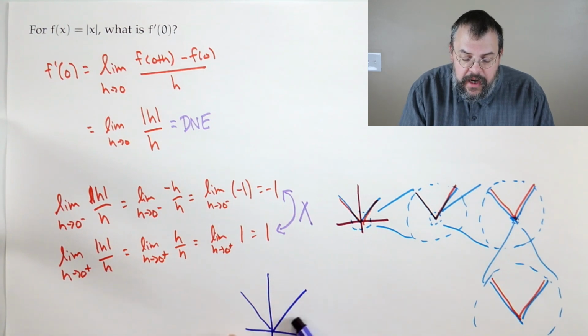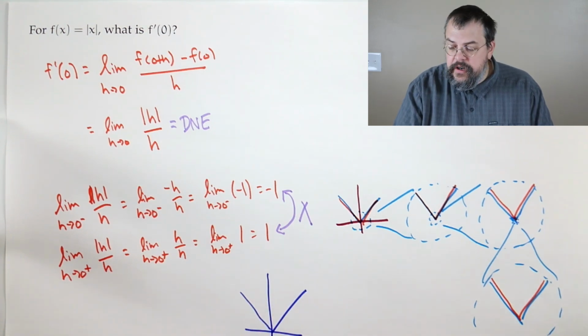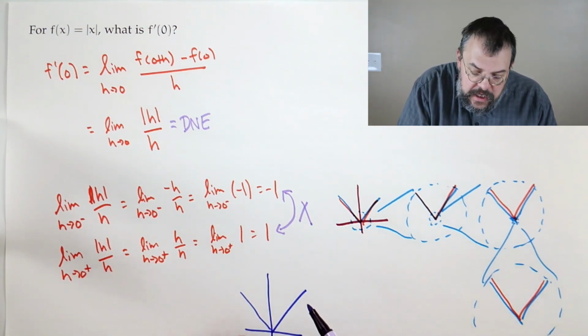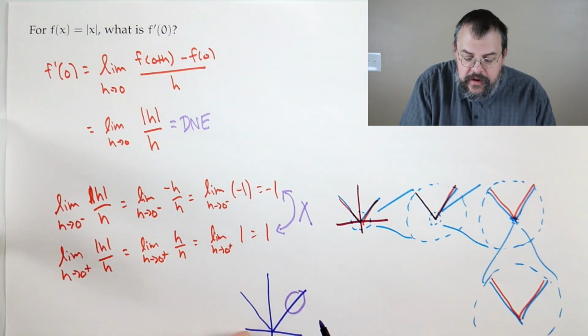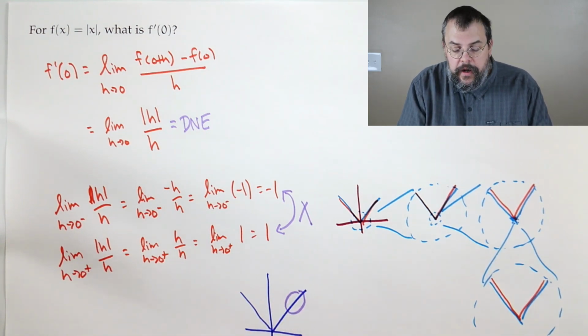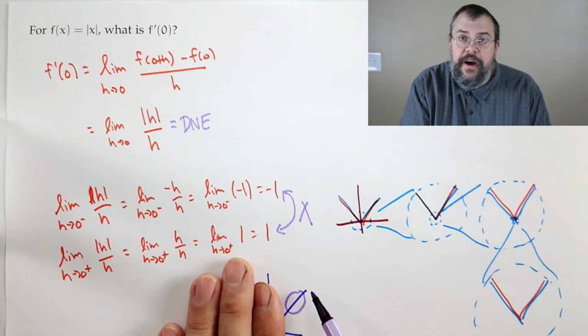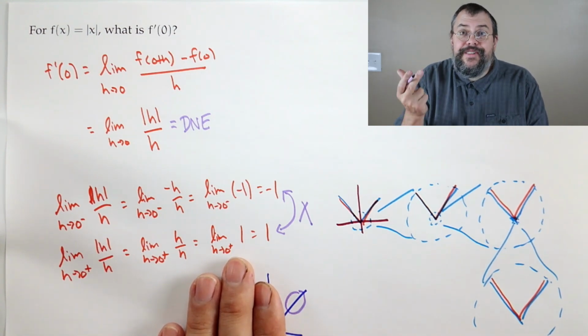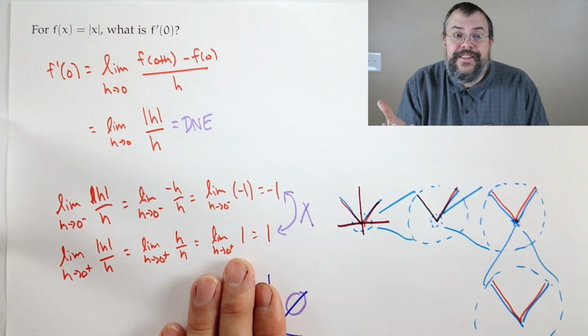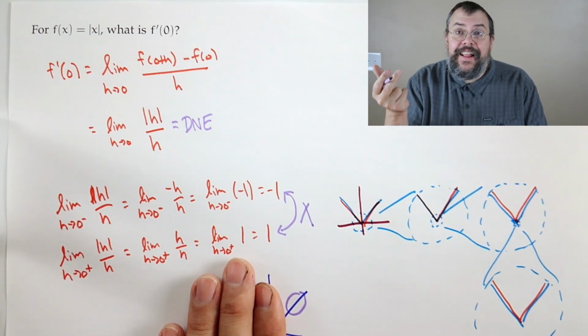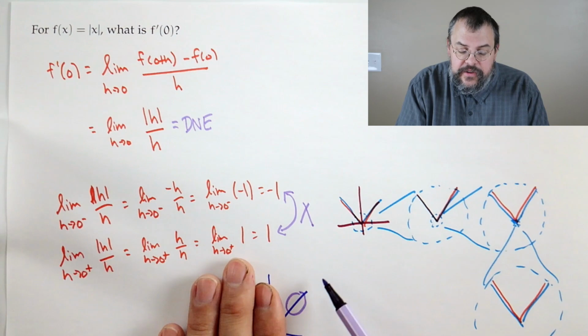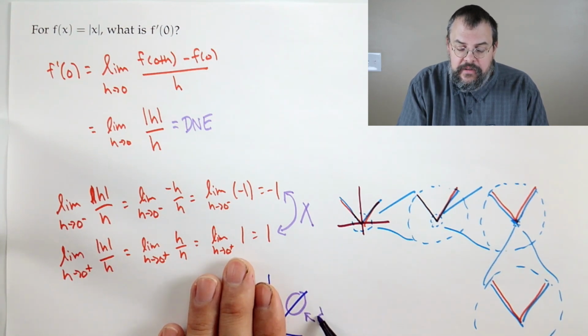So if I'm positive, if I'm over here, so let's say I'm looking at that piece right there. Well, I can cover this stuff up, and I say, well, what's the best line that approximates that? Well, the thing is, it's already a line. So the best line which approximates it is that line. So this follows the line y equals x. So that tells us that our derivative here is equal to 1.